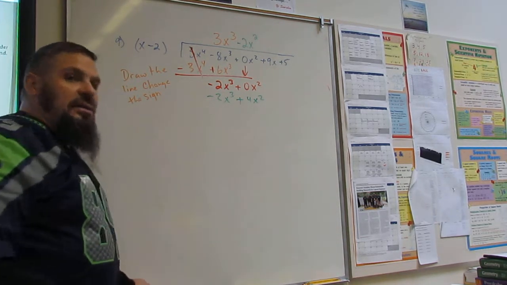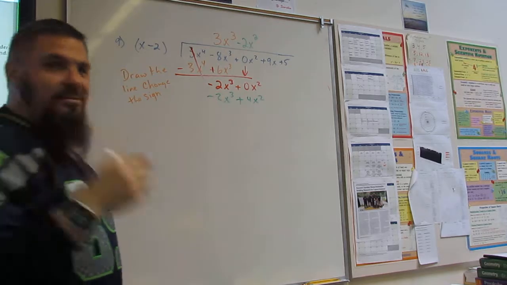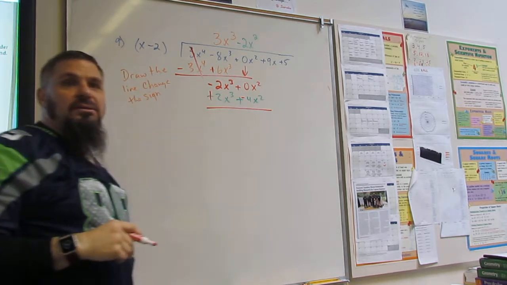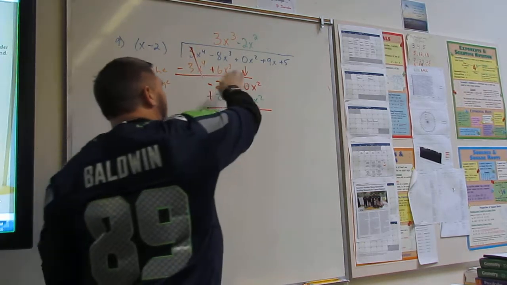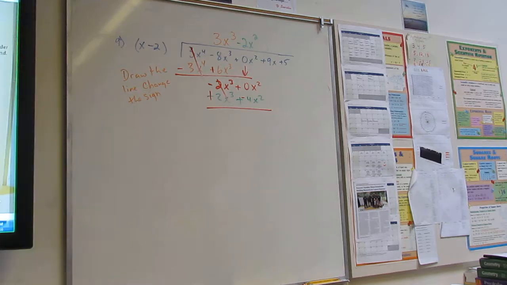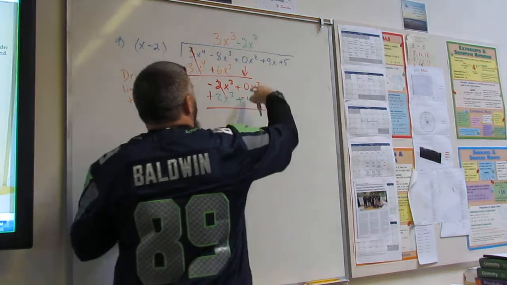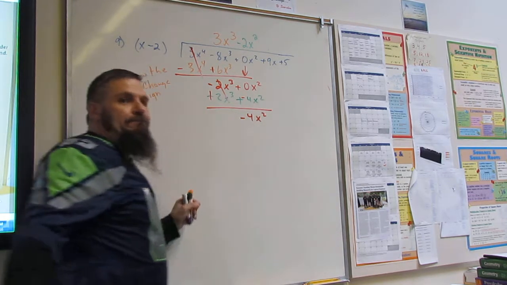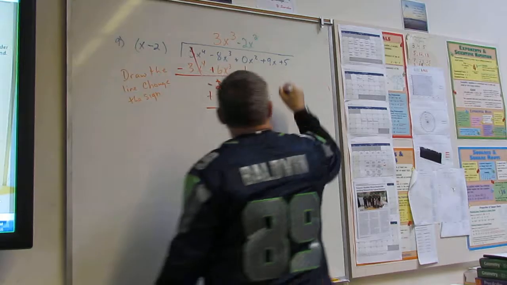And then I draw the line, change the signs, and I add them up. These cancel because we set them up to cancel every time, right? And then 0 and negative 4 is negative 4x squared, right? And then you bring it down.